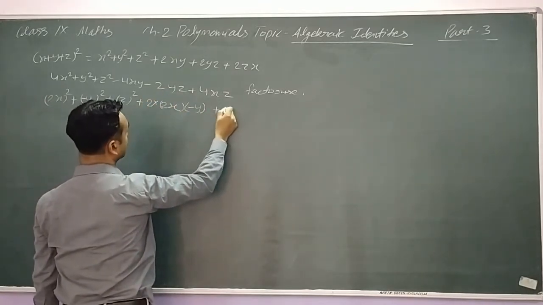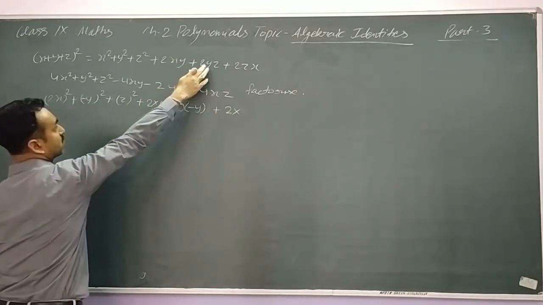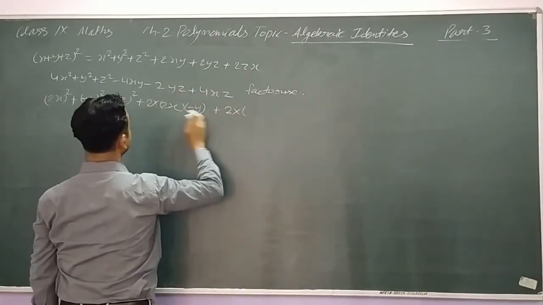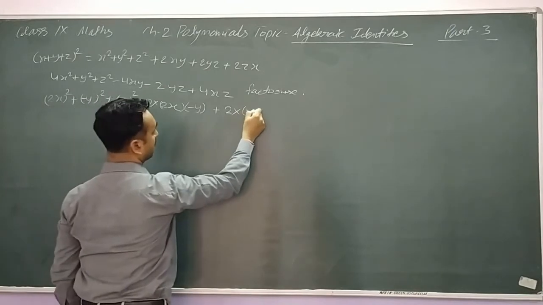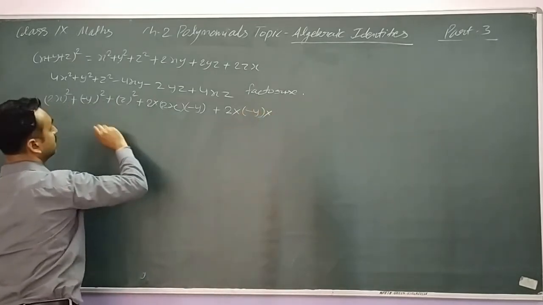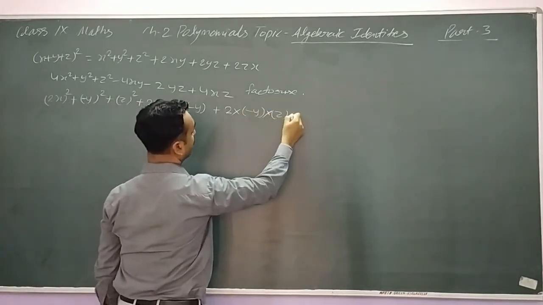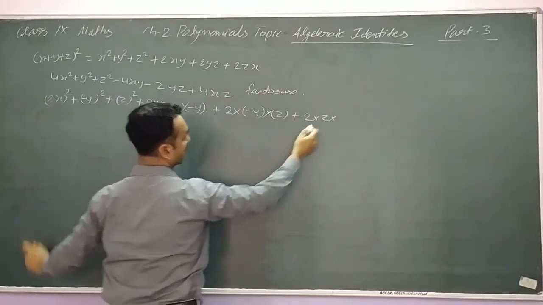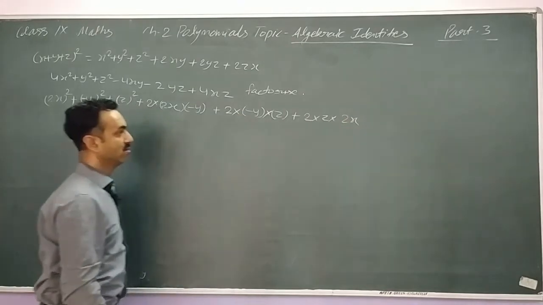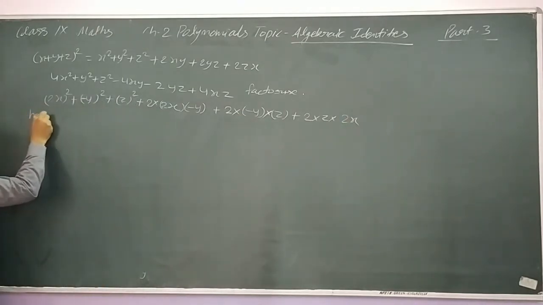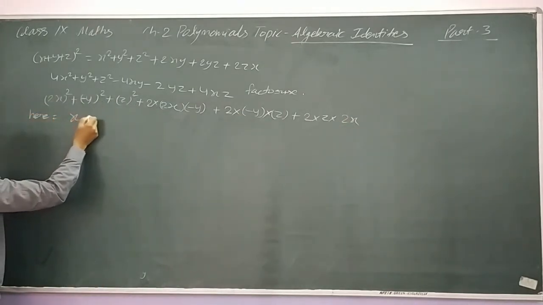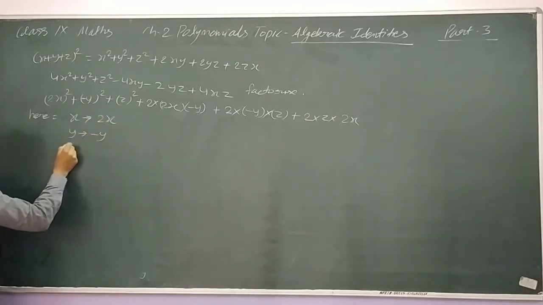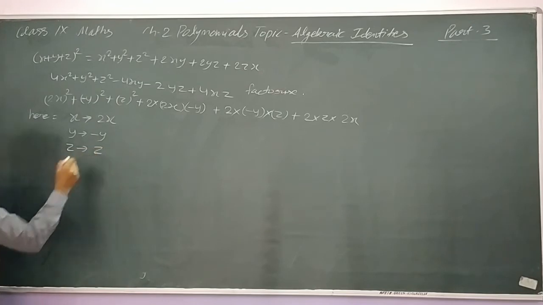So plus 2 into y, where y is minus y and z is z, plus 2zx, where z is the same and x is 2x. So here we mention x is 2x, y is minus y and z is z.